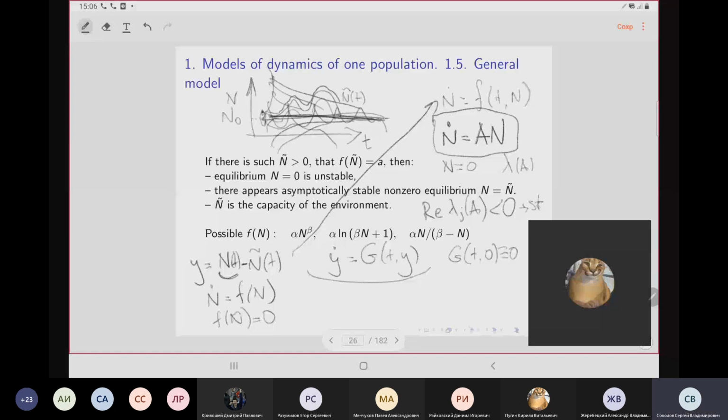So what is f of n? Let us calculate the Taylor series expansion near the point n tilde. It is f of n tilde plus the derivative at the point n tilde, times n minus n tilde, plus something small depending on n minus n tilde.